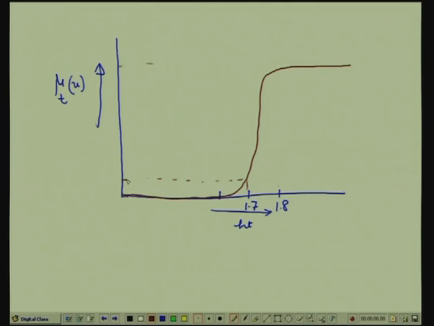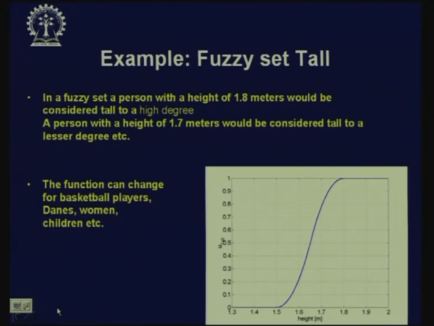The earlier curve was a little flattened, something like this. There 1.8 also got a membership, 1.7 got quite some membership, but when my purpose is to select a basketball team, I will go for a steeper curve like this. So, that is my notion of tall when I select the basketball team. That is how fuzzy sets are defined.